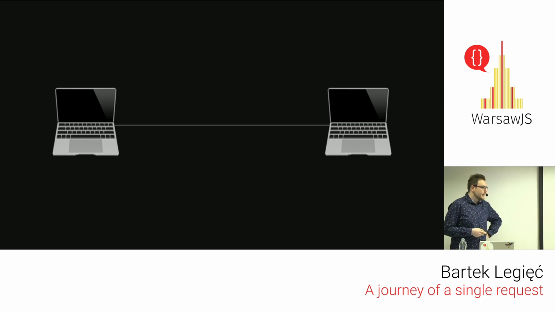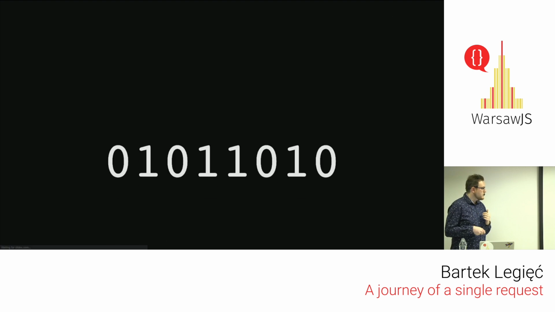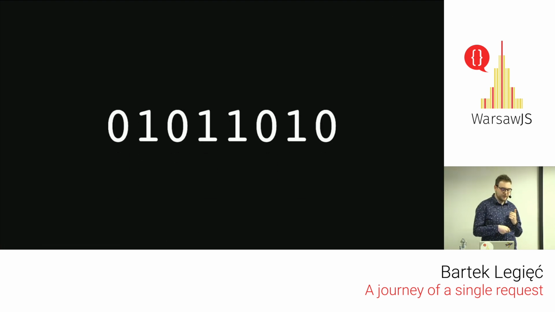You can imagine we have data in computers. Those are usually ones and zeros, so bits. And we would like to send them from one computer to the other. So how can we actually do it? Using a simple copper wire.